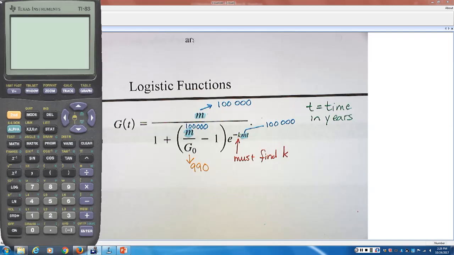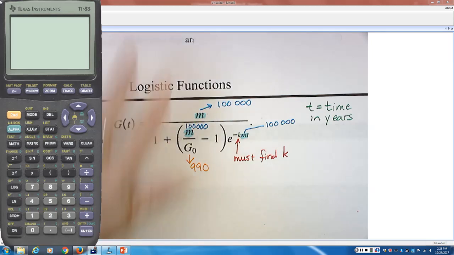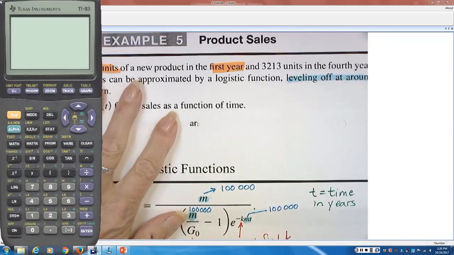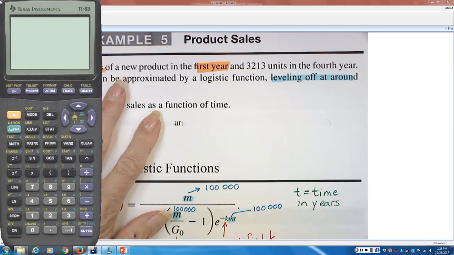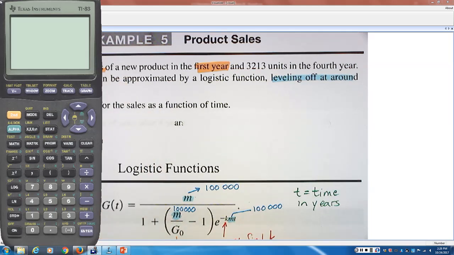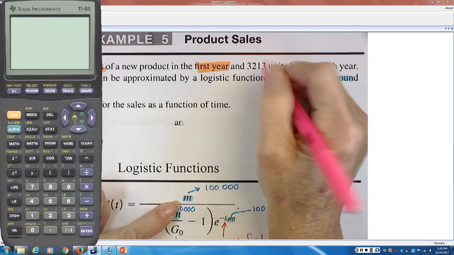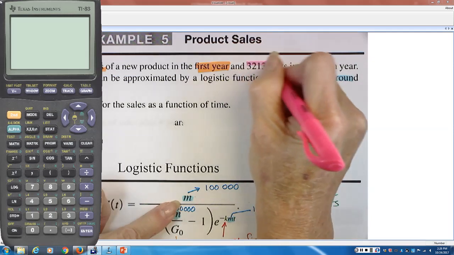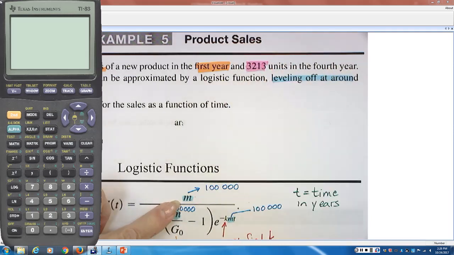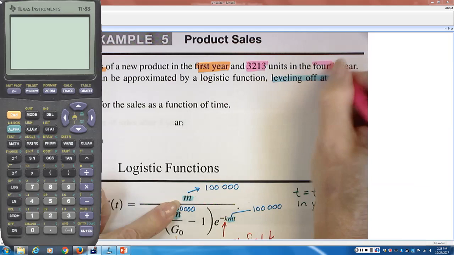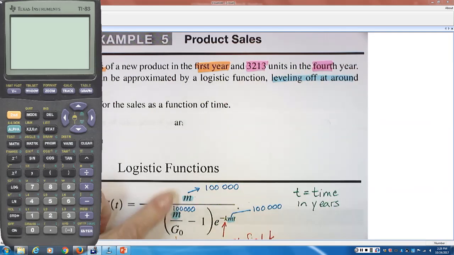Now, if you remember, back when we were first writing the problem, there was a number in this problem we didn't use, and it turns out that we need that piece of information to find K. So in order to find K, we know that 3,213 units were sold in year 4. That gives us a particular point in time.